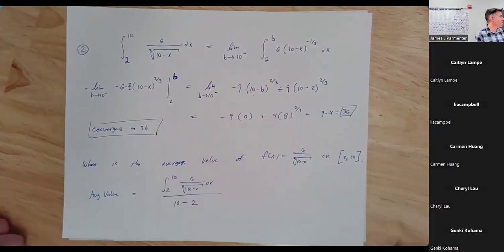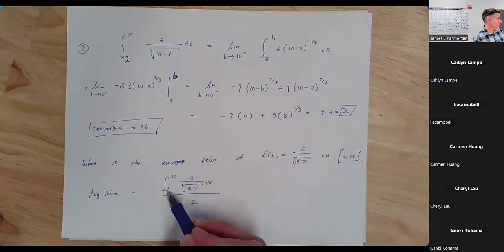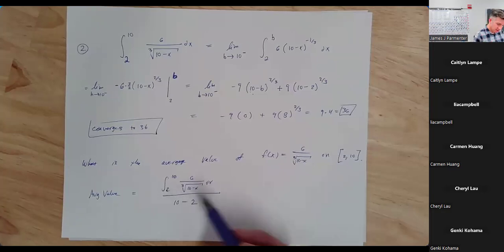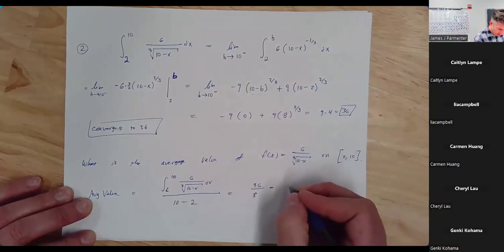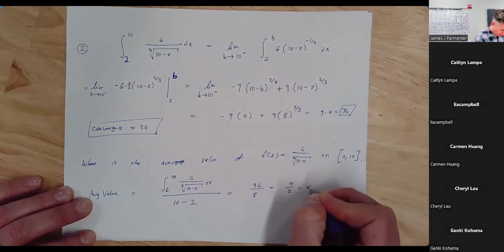The length of the interval. So whenever you're finding average value, it's just your definite integral divided by your b minus a, which in this case is 8. So my average value here is going to be 36 divided by 8, which we could reduce to what? 9 over 2, which is 4.5.